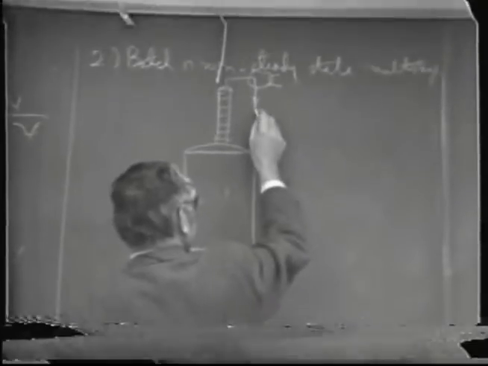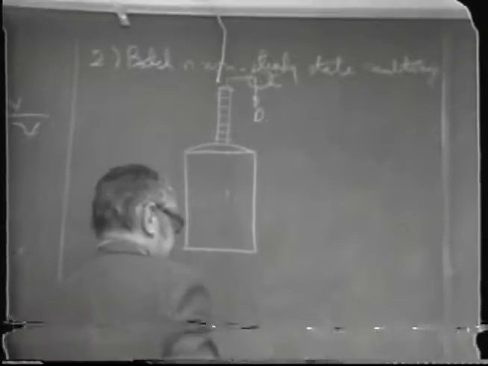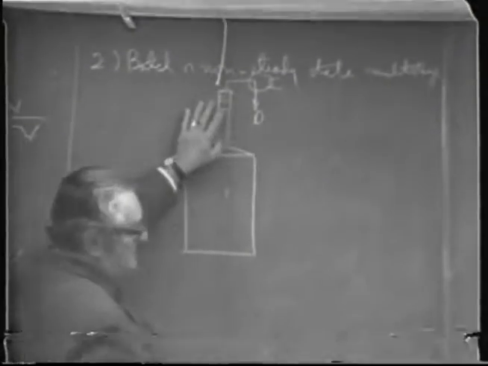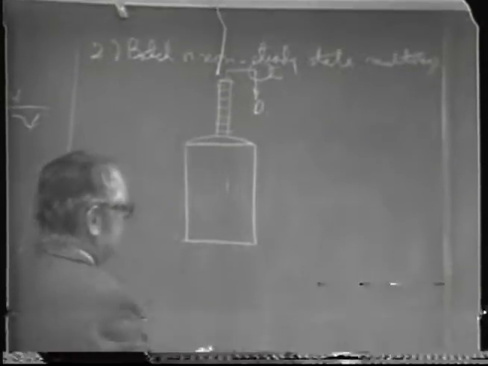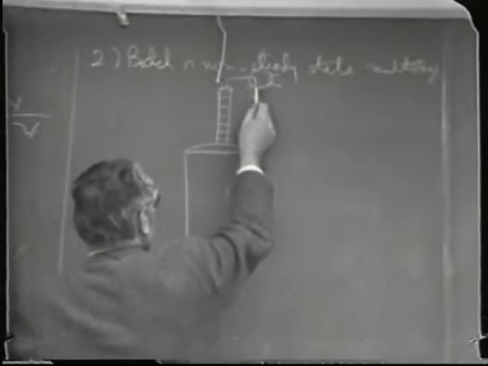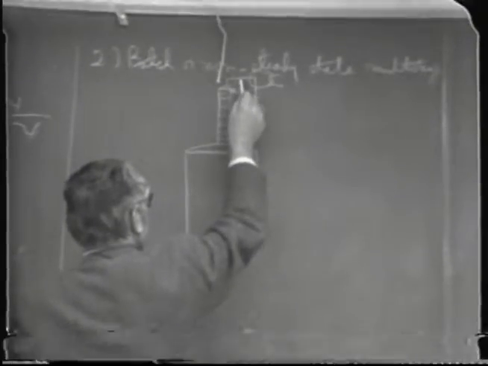And if the fractionating column here is going to perform any function, then we've got to return some of the liquid back as reflux or overflow.